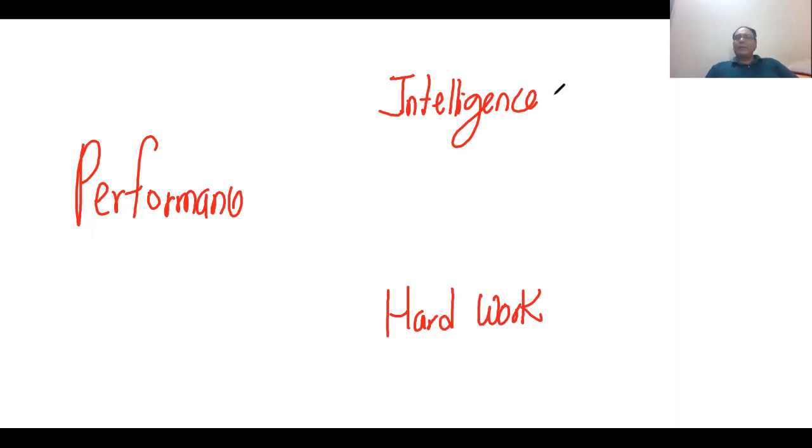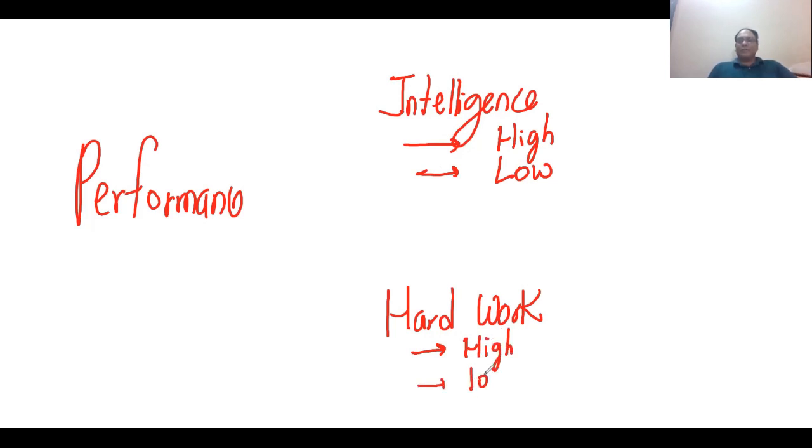And intelligence can be divided into two categories. Suppose I am dividing into two categories: low intelligence and high intelligence. Hard work, for simplicity, I am dividing into two categories: the hard working, or high, and low hard working.